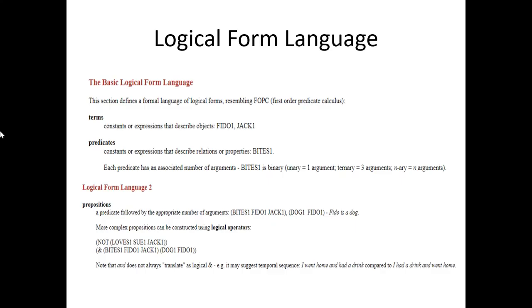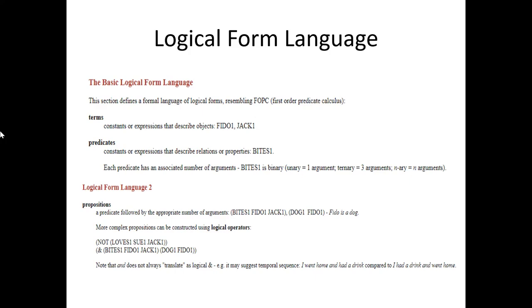So here comes the logical form language. This is how we can represent a given sentence in a structured manner to semantically interpret it. This section defines a formal language of logical forms resembling FOPC, that is first order predicate calculus.